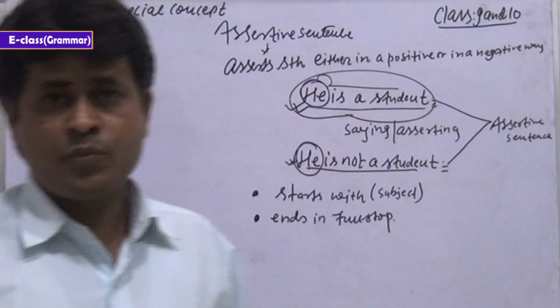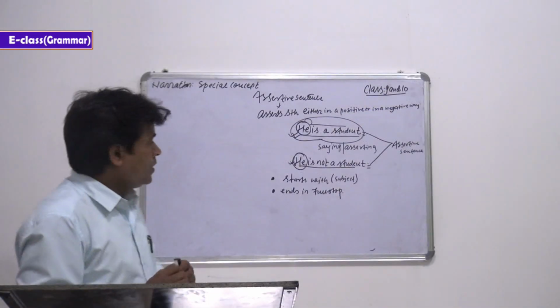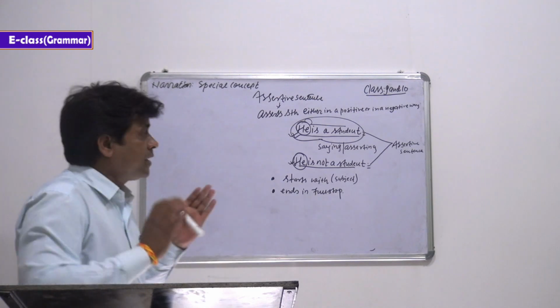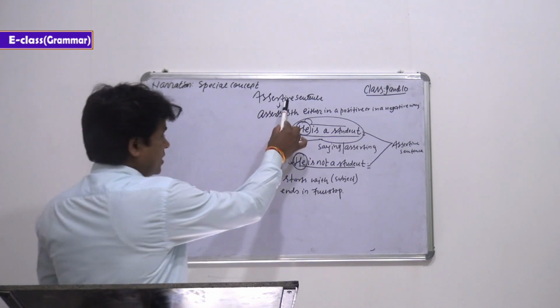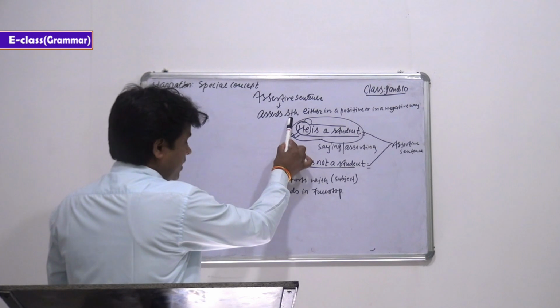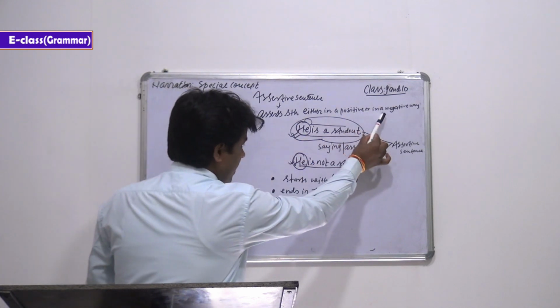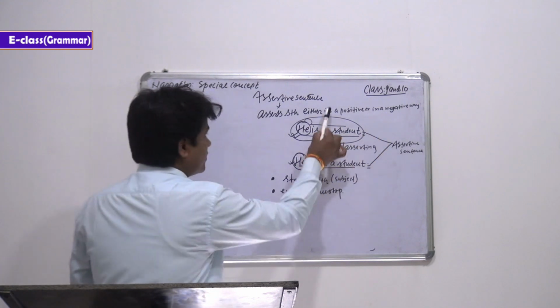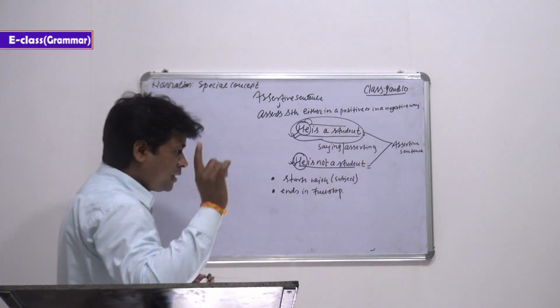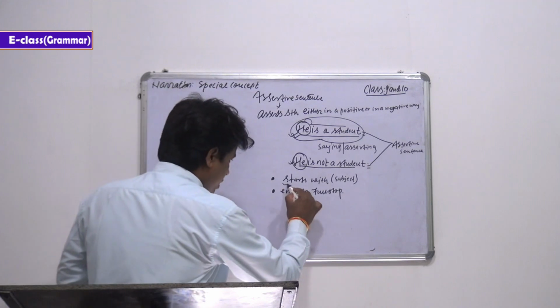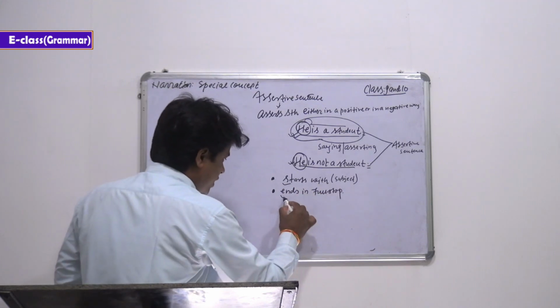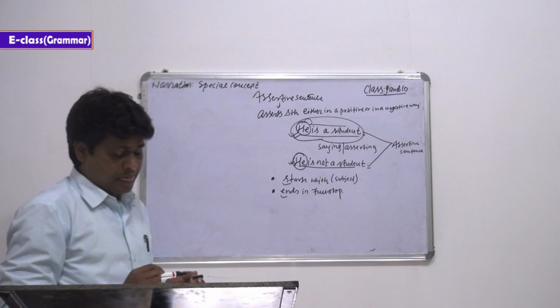Is it clear? So finally, please note it down. The sentence which asserts something either in a positive or in a negative way is called an assertive sentence. It starts with a subject and ends in a full stop.